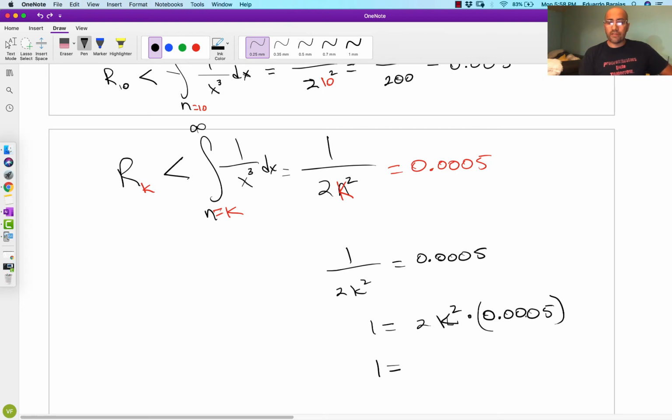2 times 0.005, which equals k squared times 0.001.